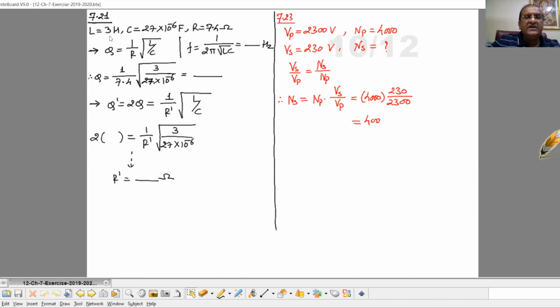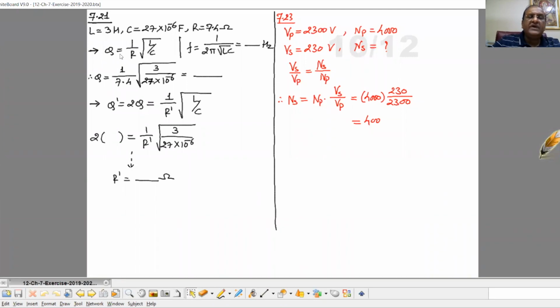Now see, inductor, that is with inductance 3 Henry, capacitor, that is with capacitance 27 microfarad, so that is 27 into 10 raised to minus 6, and resistance connected, that is 7.4 ohm. Now resonant frequency, that is 1 upon 2 pi root LC, substitute pi 3.14, L 3, C 27 into 10 raised to minus 6, and you will get the answer.